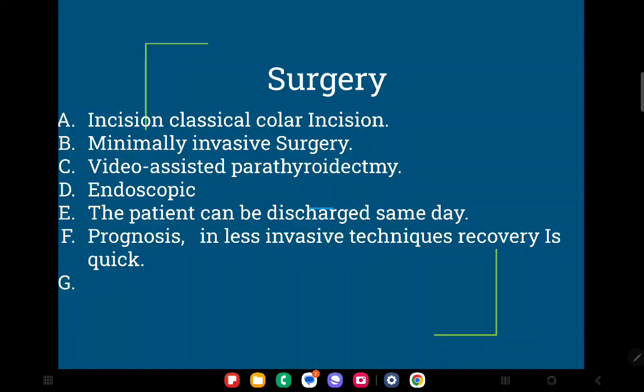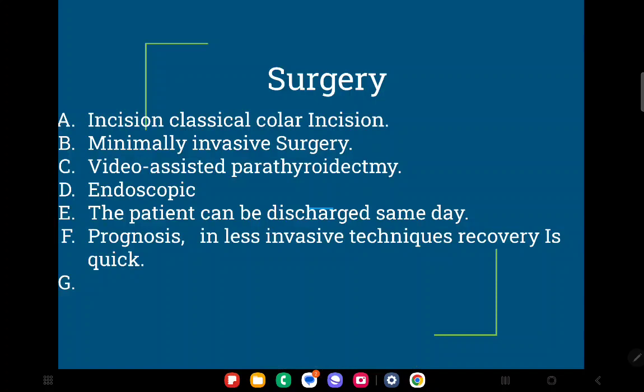During surgery, frozen section can be done, and the level of parathormone can be measured preoperatively, and intraoperatively at 5 minutes, at 15 minutes, and at 30 minutes, to see the drop in the level of parathormone.